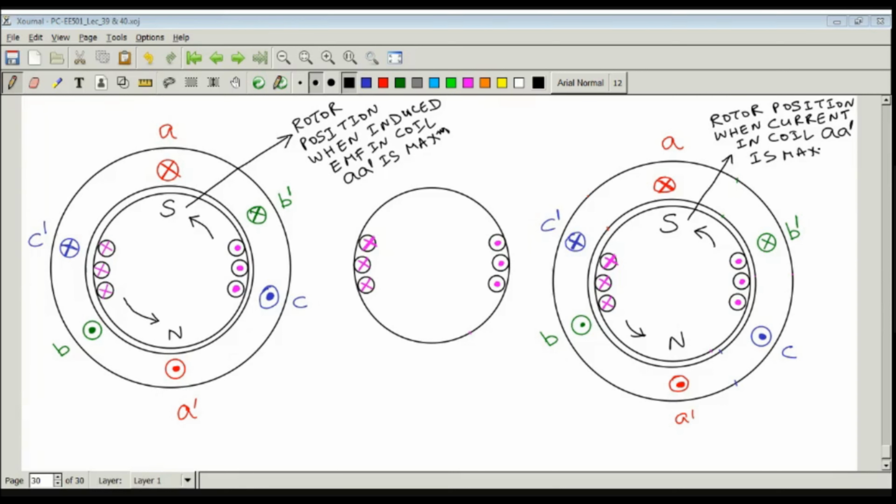What do we find here? That the rotor position is the same for both these instants. So we can compare them here.